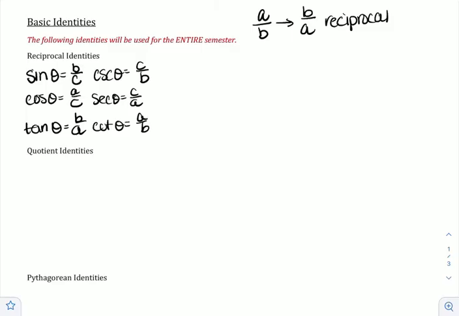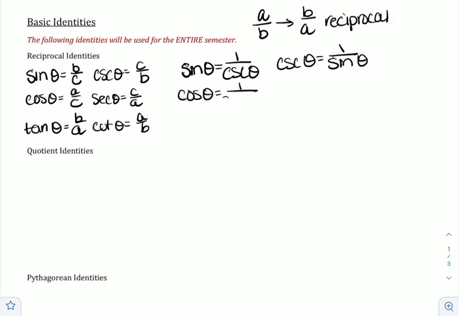So how you write the reciprocal identities is that the sine of theta will be 1 over the cosecant, because when you put 1 over, that means you're going to switch the top and the bottom. It also works the other way. The cosecant of theta is 1 over sine. So we have the cosine of theta will be 1 over secant, or the secant of theta is 1 over cosine.